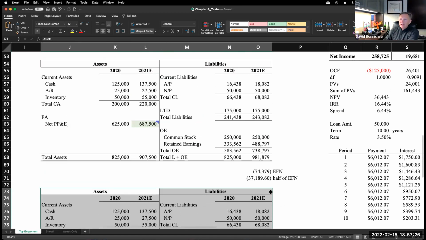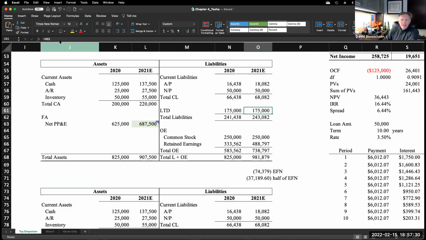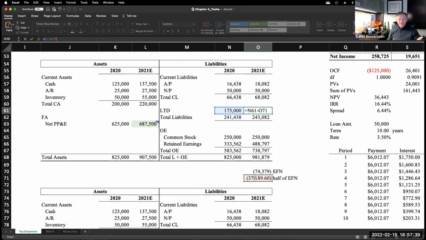If you try, like right now, if I went and I tried to take equals that, right, and I want to back out half of the EFN, this is probably what you did. And I'm going to hit enter. I'm going to get a circular reference error.